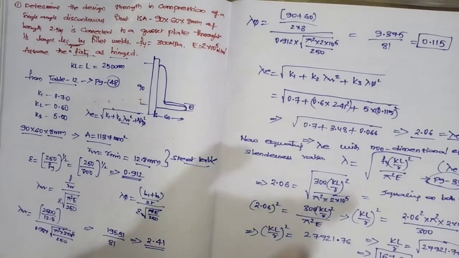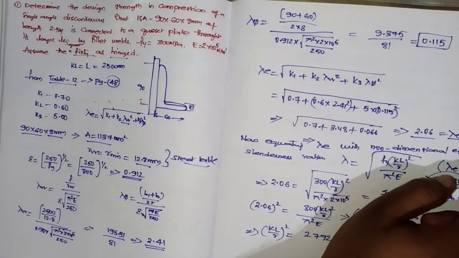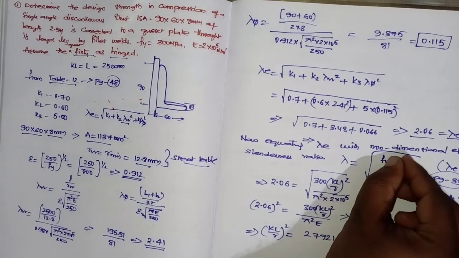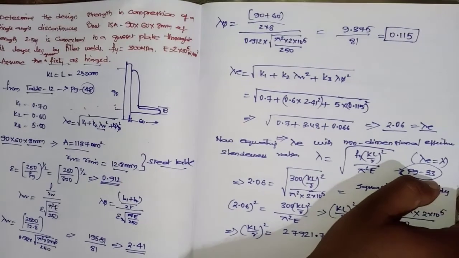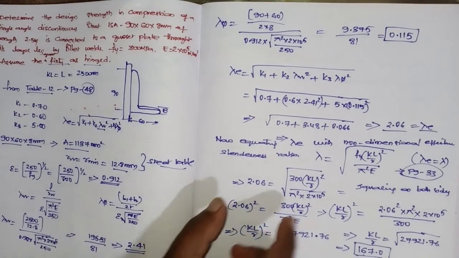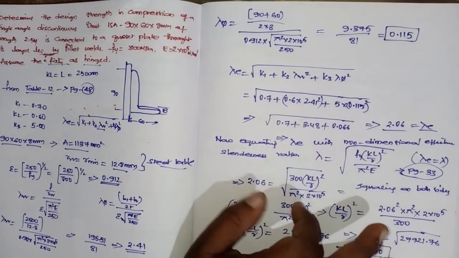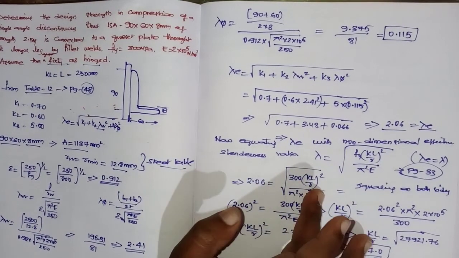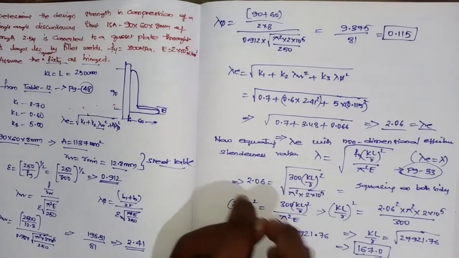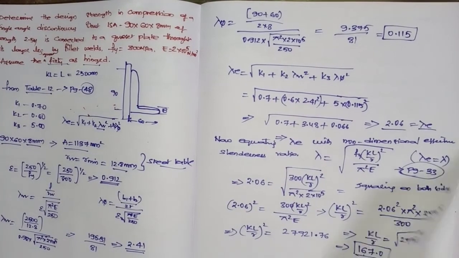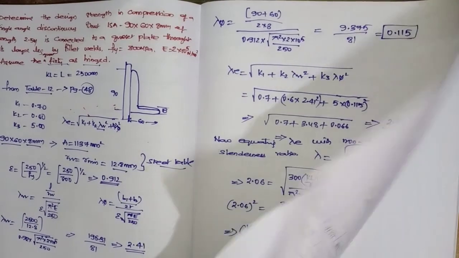So after equating, from that you are going to get the KL by R value. What is the KL by R value? Again it's a slenderness ratio. How have we calculated it? First we remove this root. For removing this root, you have to square on both sides. So while squaring on both sides, you get a square, and so on. On calculation, you got the KL by R value.